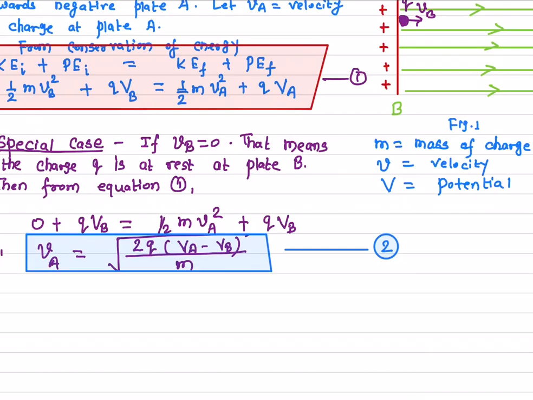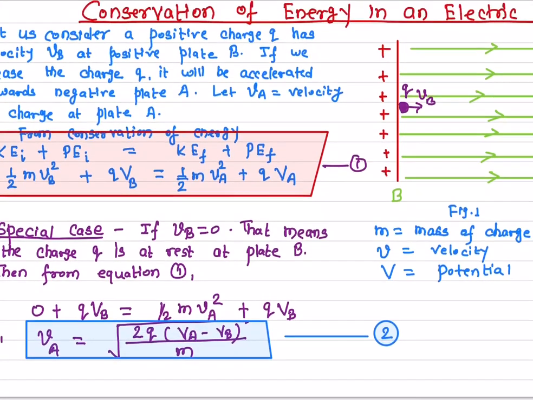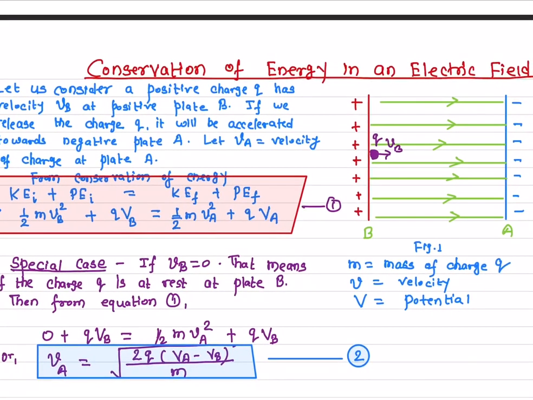So just make a distinction between those two. Do not get confused by the velocity and the potential, as we denote both by the same notation but in different style. So this is it for the conservation of energy.